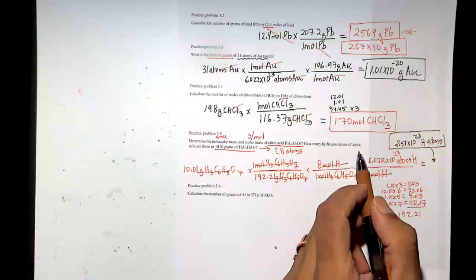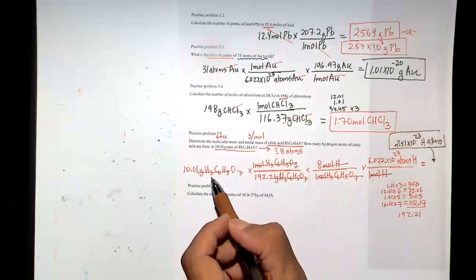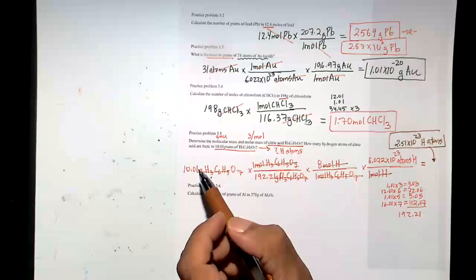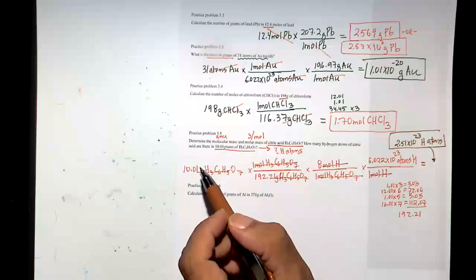So there's 2.5 times 10 to the 23rd hydrogen atoms in 10.01 grams of citric acid.